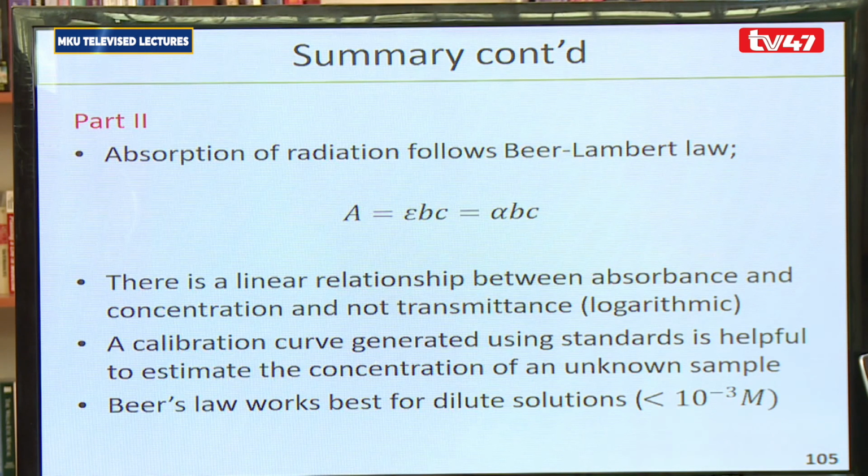You get different standards of whatever metal you are trying to determine, of different concentrations, and then you measure the absorbance. You plot absorbance against concentration, and then you make sure that the absorbance of the unknown, once you do the measurement, falls within the absorbance range of the generated calibration curve.